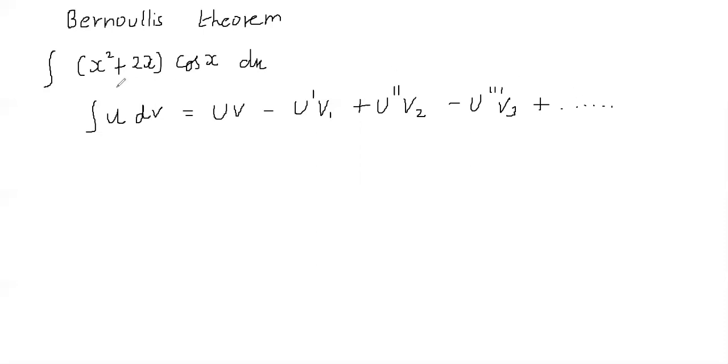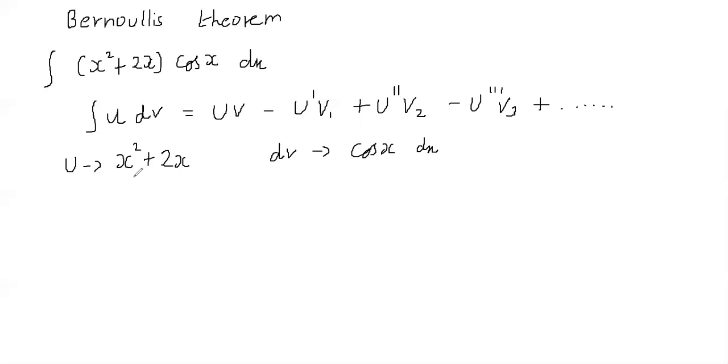So you have to select in such a way that the term which is going to become 0 is your u. In this case, cos x can't be the u. So which will be the u? u will be x square plus 2x. Ultimately we know dv is the other term, cos x dx.